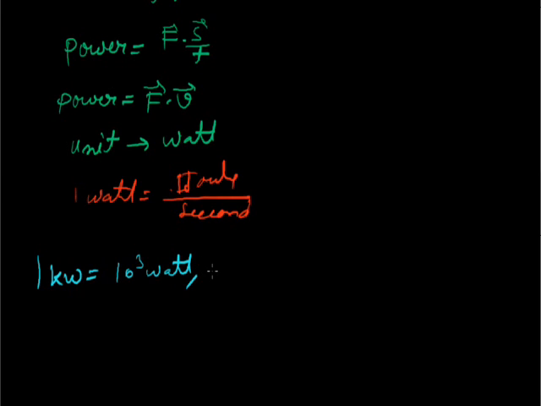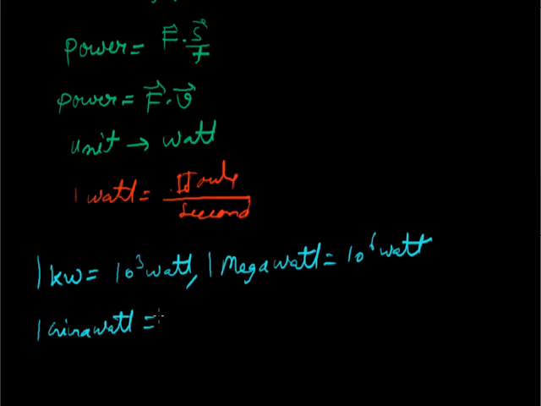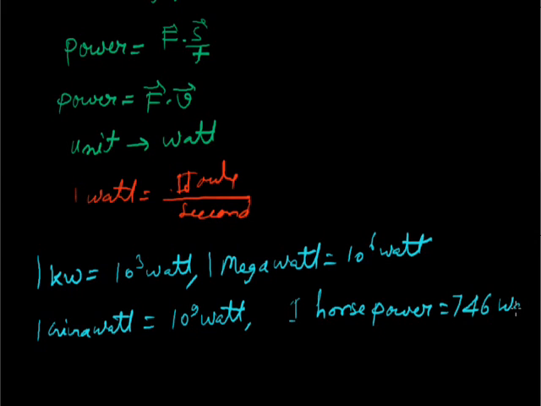Similarly 1 megawatt means 10 to the power 6 watt. 1 gigawatt means 10 to the power 9 watt. One commercial unit of power is horsepower. So 1 horsepower is equal to 746 watt.